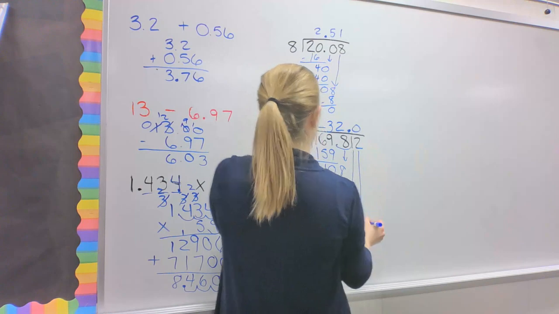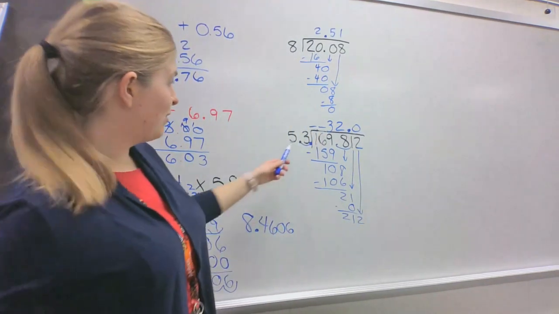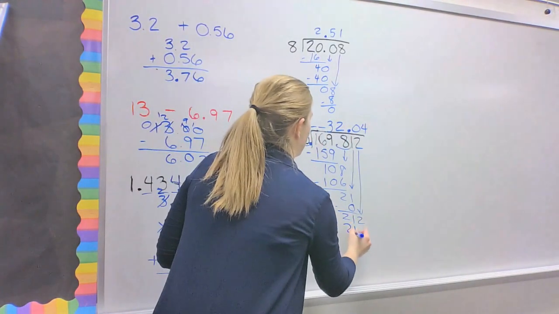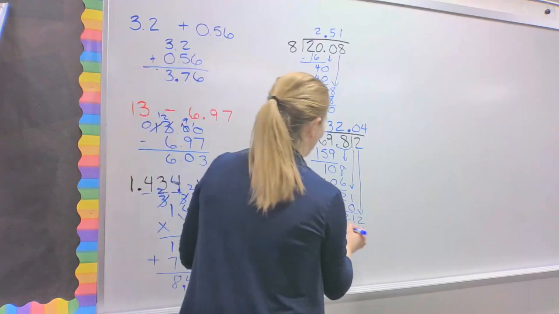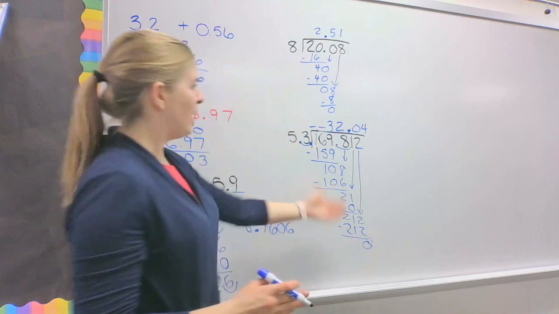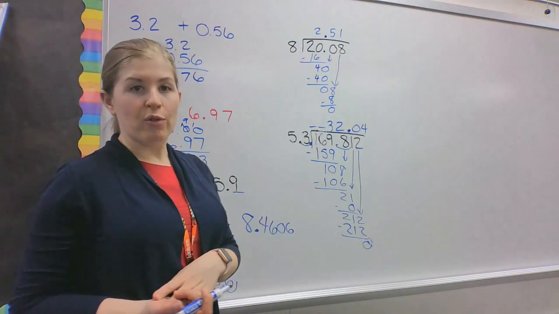That's what that looks like. And 53 goes into 212. I'm going to say 4 times. 53 times 4 is 212. That's 0. So now we've ended with 0. Our final answer is 32.04.